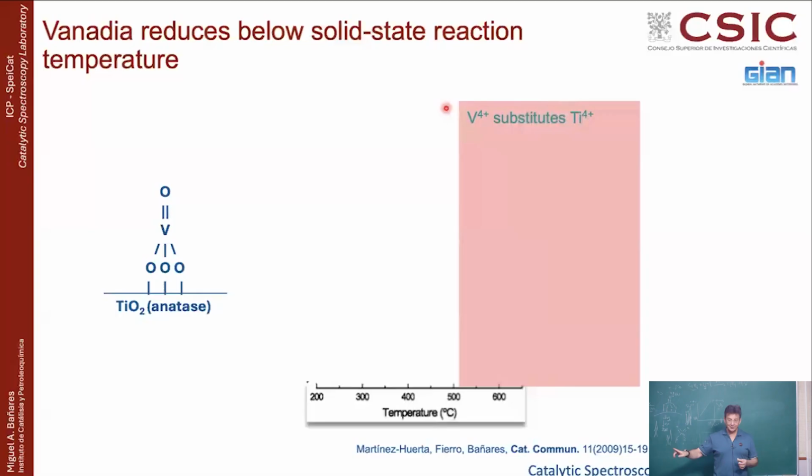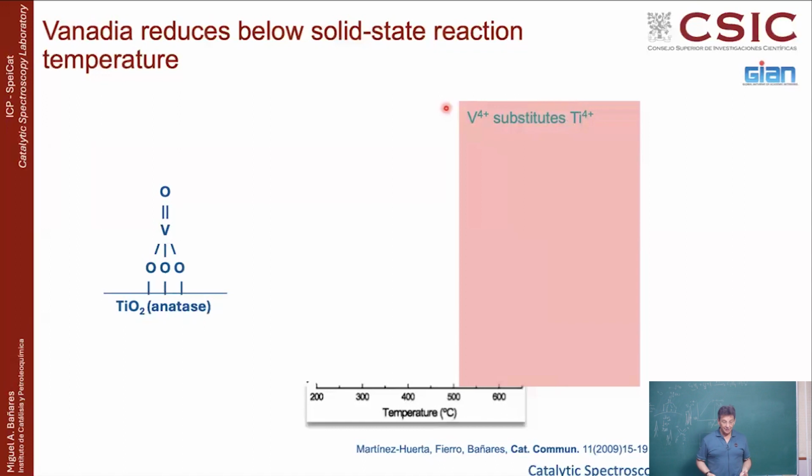When do we have the deactivation? Remember, heating in oxygen above 500 degrees, you start to get this anatase to rutile transition, which is triggered by vanadium 4+ migrating into the lattice of titania.